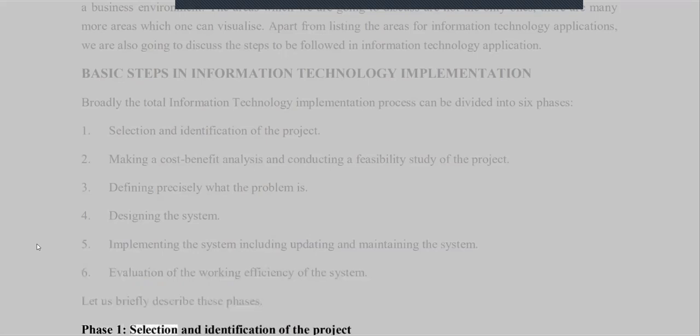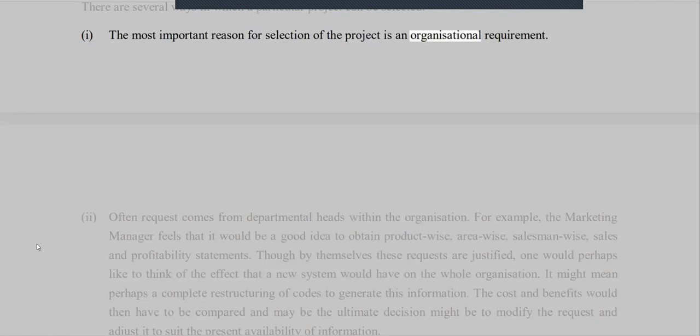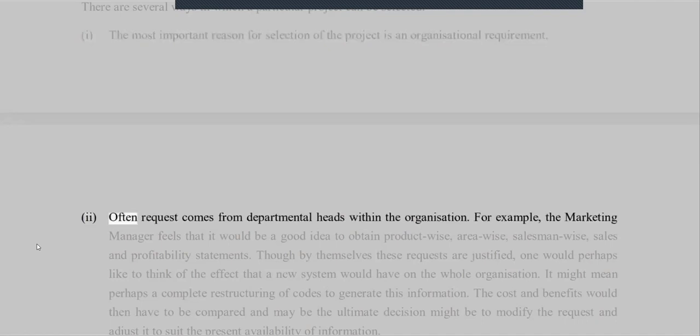Phase 1. Selection and identification of the project. There are several ways in which a particular project can be selected. 1. The most important reason for selection of the project is an organizational requirement. 2. Often request comes from departmental heads within the organization.